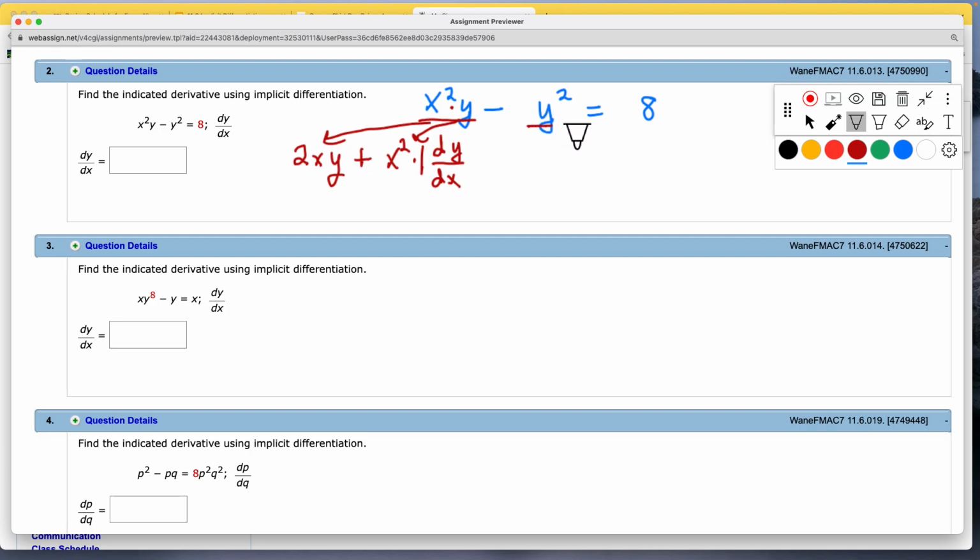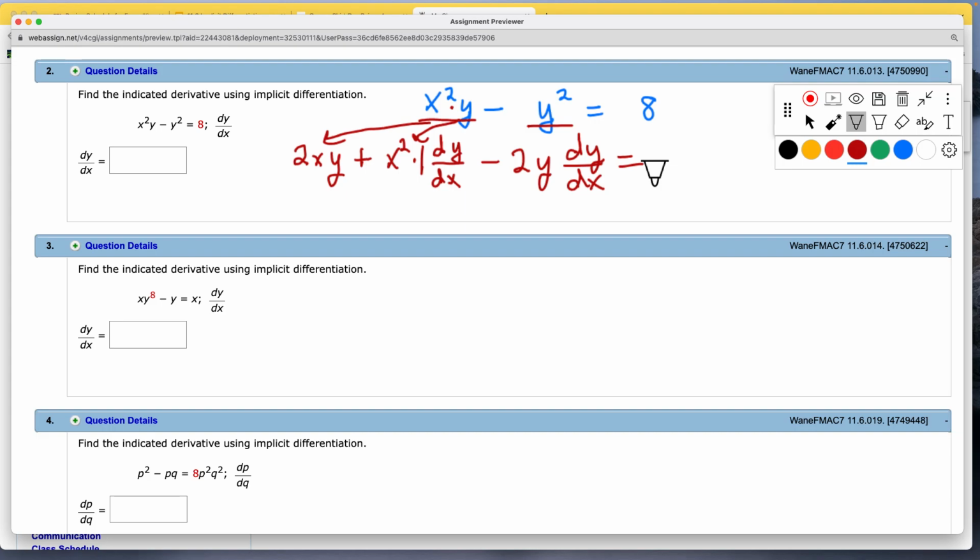Now we need to take the derivative of the second term, right? Y squared. This one's a little nicer because there's no product rule. It's just y squared. So the 2 comes down, y to the first power. Since we took the derivative of y, we let the world know by putting dy dx. Okay.